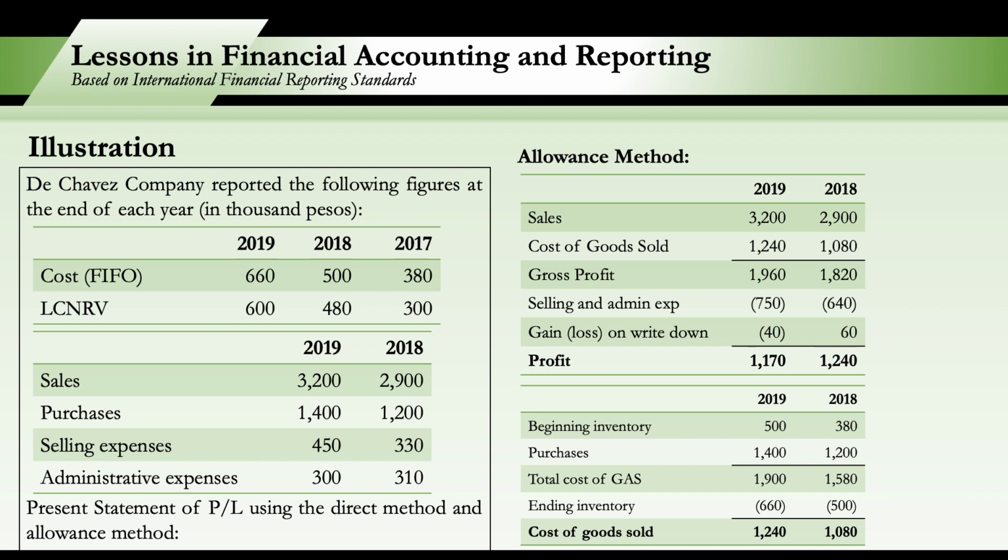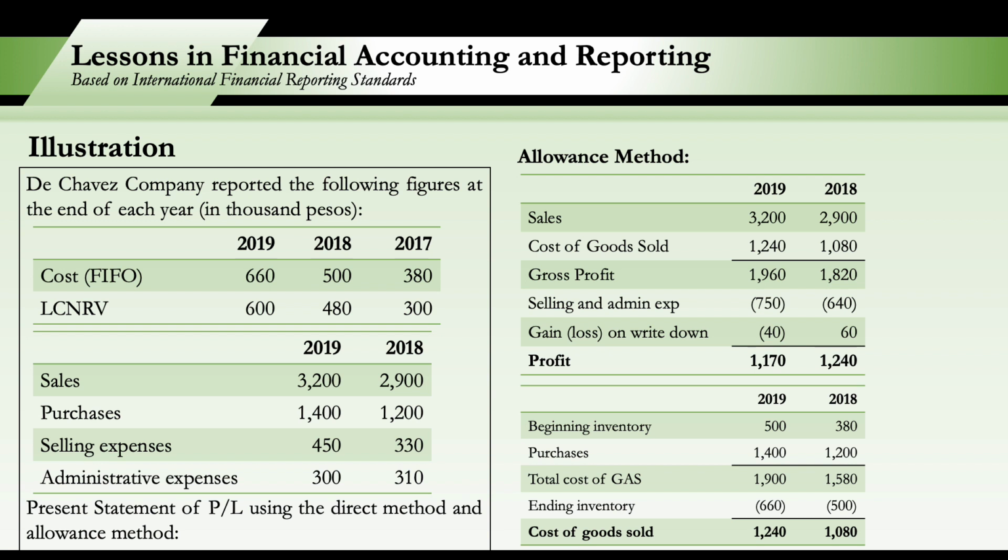Okay, so ito lang class, additional points. In determining cost of sales in direct method, nakalump na, embedded na doon yung mga write-down kasi nga we directly recorded inventories at the lower of cost and NRV.